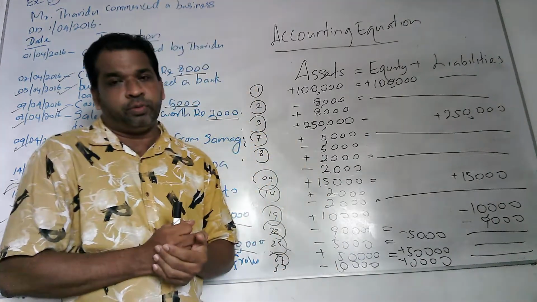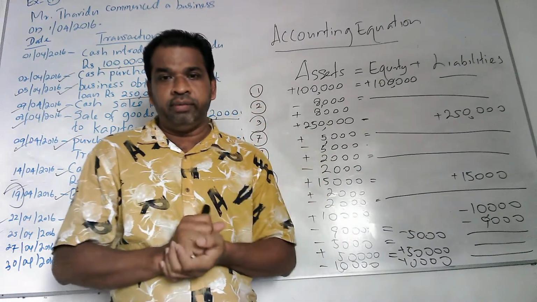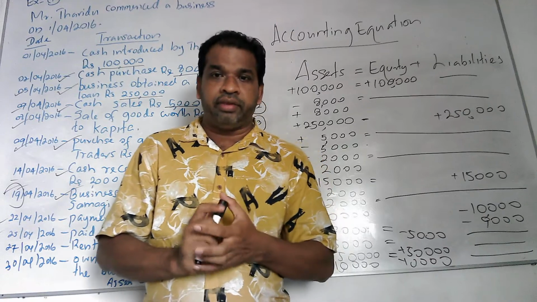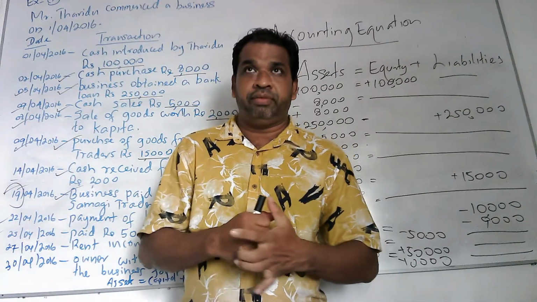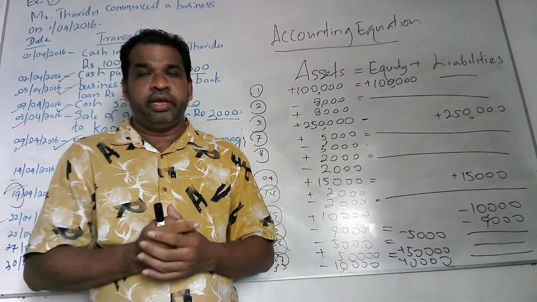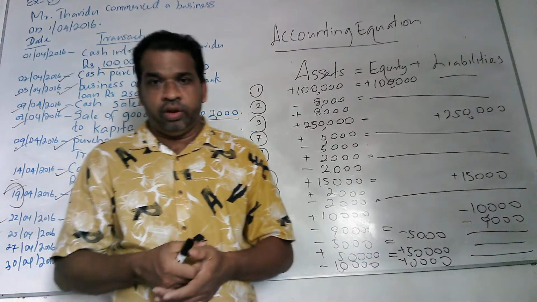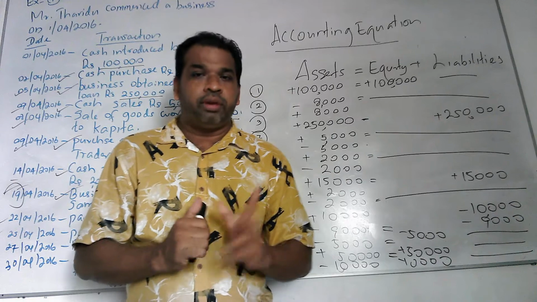Account equation most probably carries 10-15 marks. Therefore, those three questions are important. I will be discussing those three questions and other practice questions. Then you can watch my videos regarding account equation. It will be a big support for you to solve any questions at the exam coming from account equation.